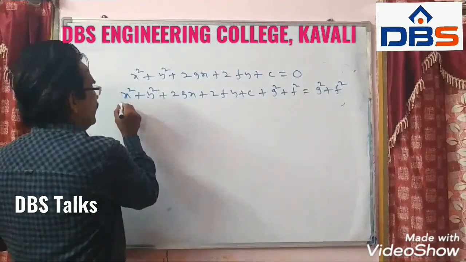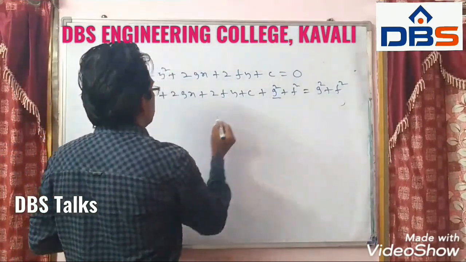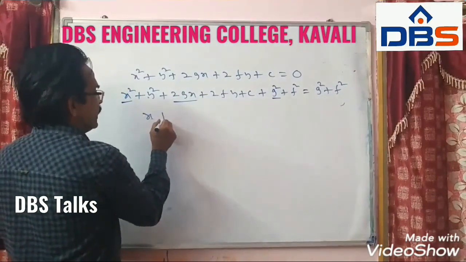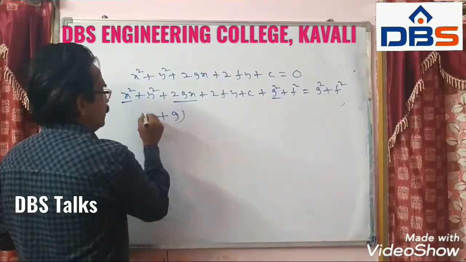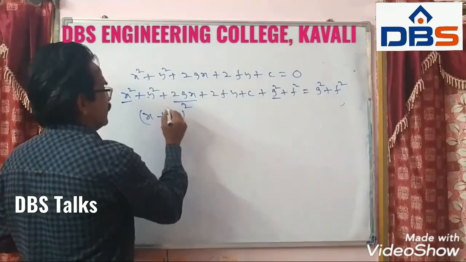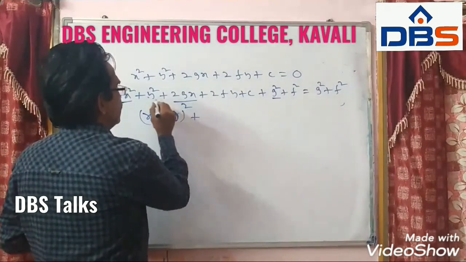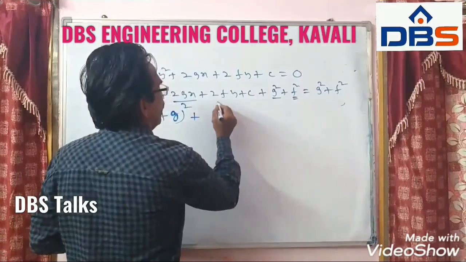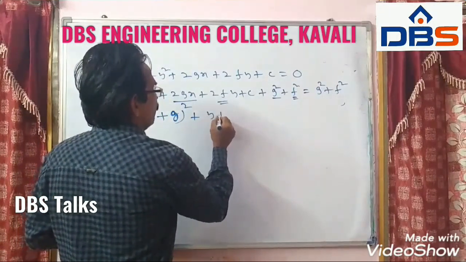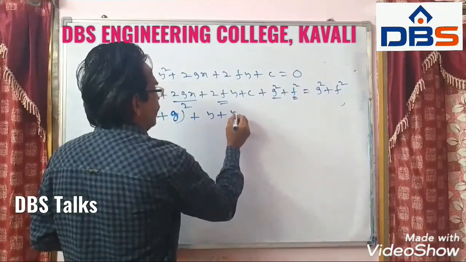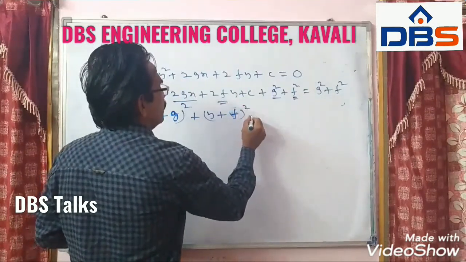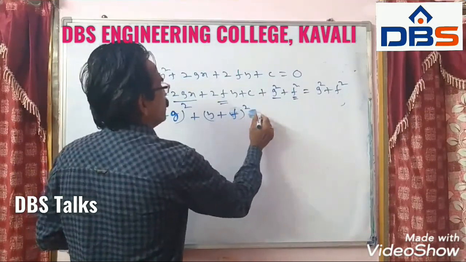Now see, x square plus g square plus 2gx, these three, x plus g whole square, plus y square and f square and 2fy will result into y plus f whole square is equal to.